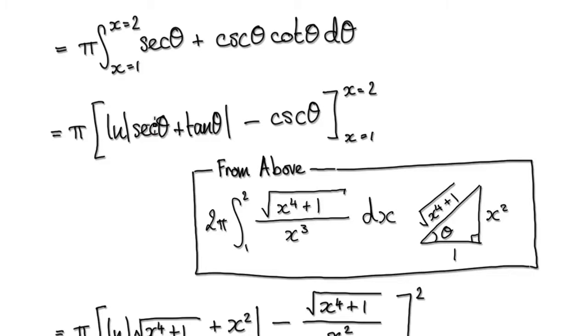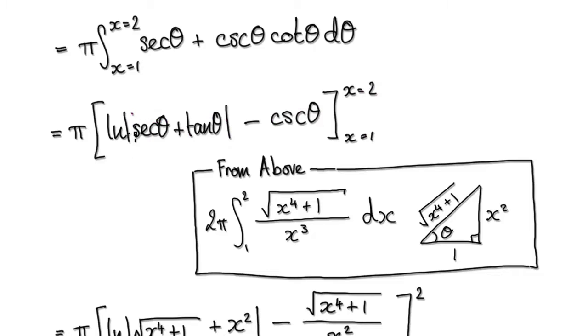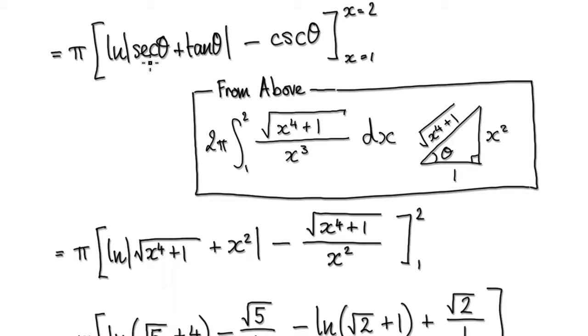Now remember, we are currently working in terms of theta. We need to translate, because you've got theta here, here and here, but we are trying to integrate from x equals 1 to x equals 2. So we need to turn everything back into x. Looking at the diagram that we created in the previous video, what is secant theta?